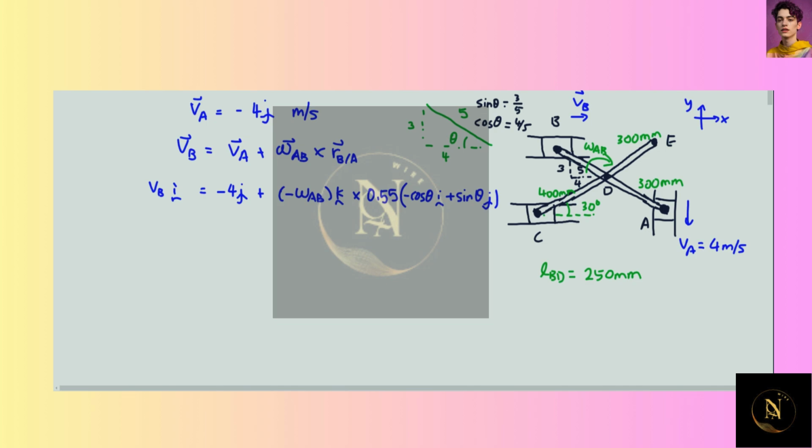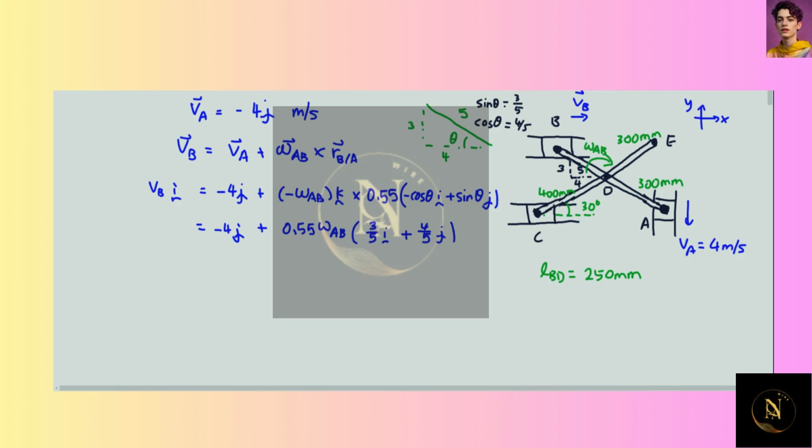So this is minus 4j plus 0.55 omega AB. k cross minus i gives j, and cosine theta is 4/5 j, and then minus k cross j is plus i, so we have 3/5 i.